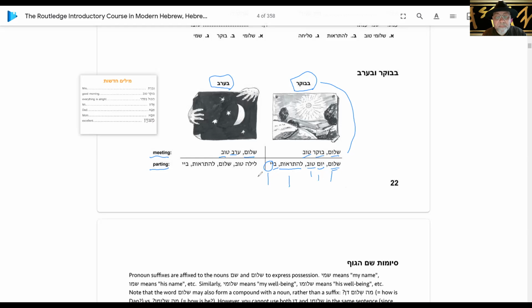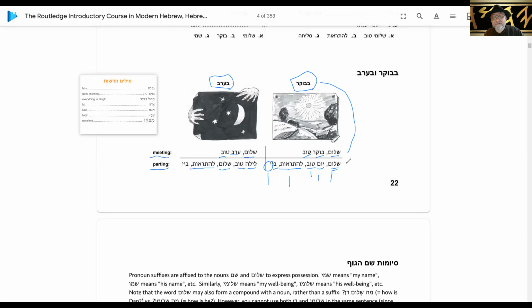Okay, now, this is like a parting phrase. Say Einet is saying to Dan again, but this is at night now. Lila Tov, good night, Shalom, and Lahitra, see you later.